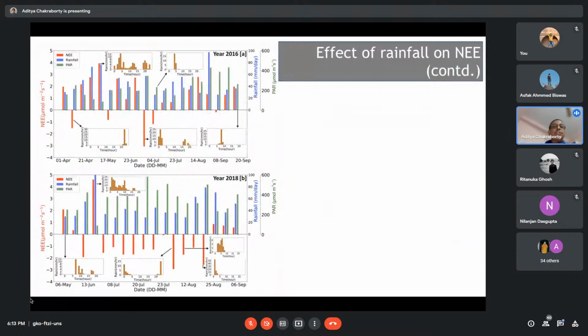This figure shows different insets, I mean, the insets show different days. We have considered a few days and plotted the diurnal variation of rainfall.